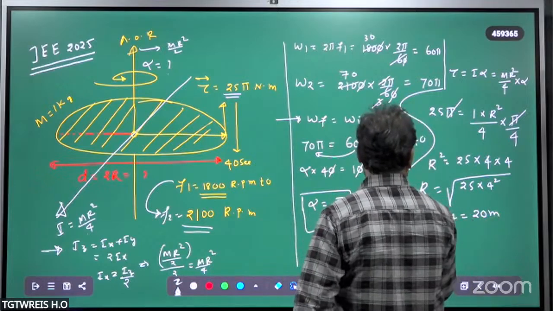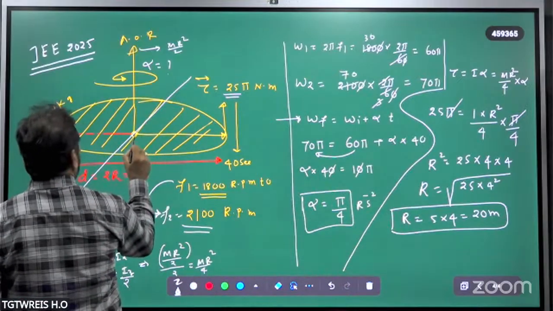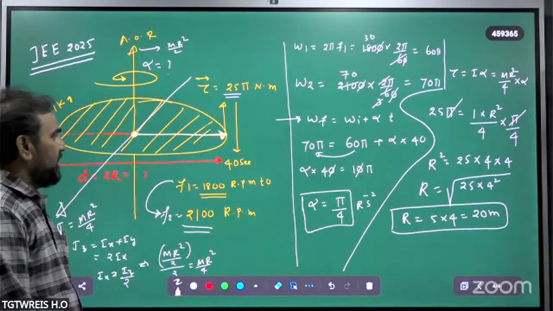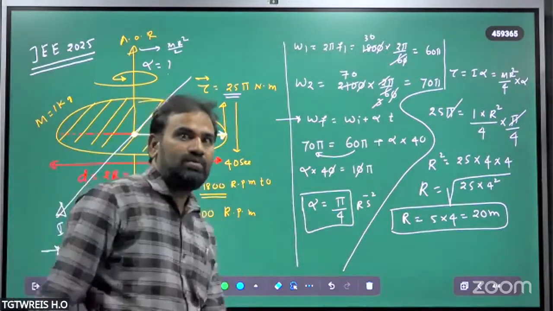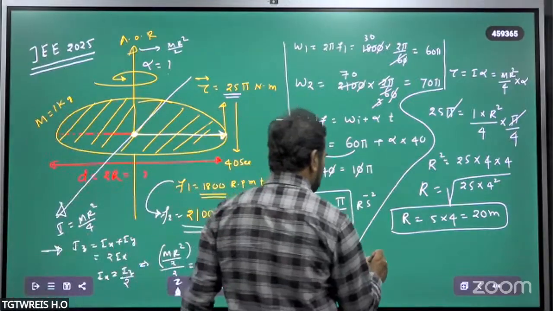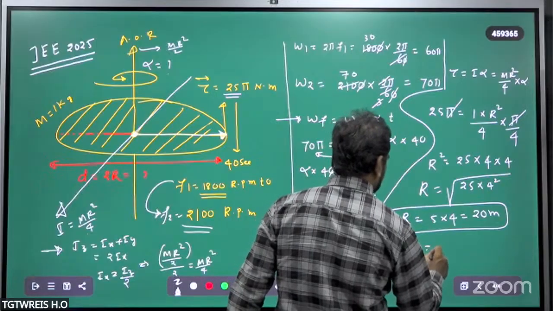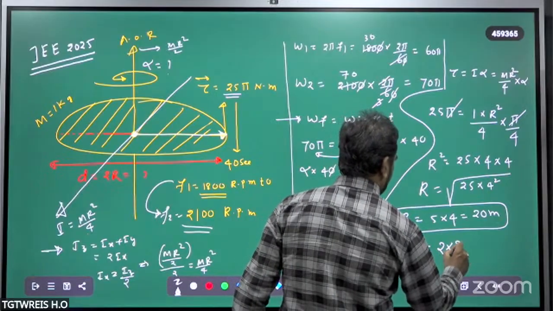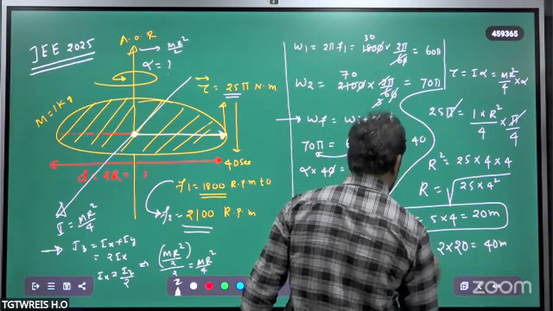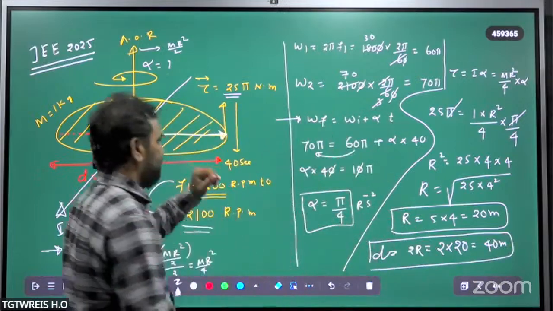The radius of the disc would be 20 meters. What should we calculate? The diameter. The diameter of the disc is given by d is equal to 2r, that is 2 into 20, which is equal to 40 meters. This is the final answer of this question.